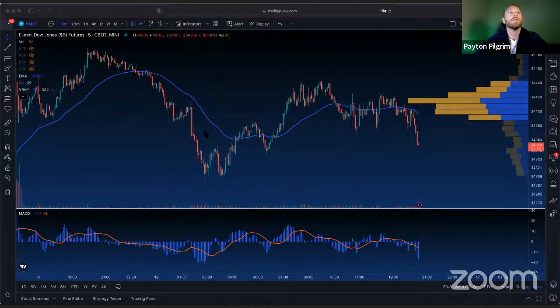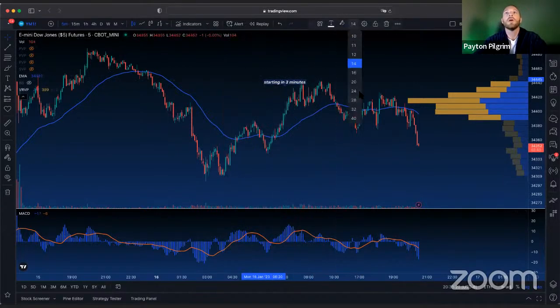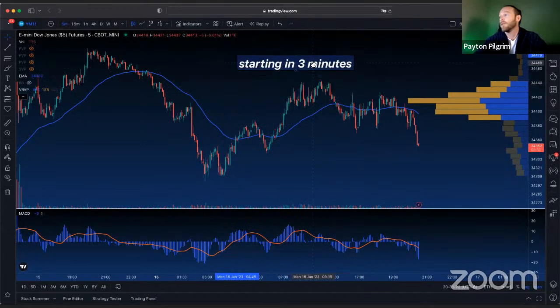All right. Let's give some people some time to come on if they want to come on. If not, well, I got some backtesting to do. Looks like the market is moving a little bit.